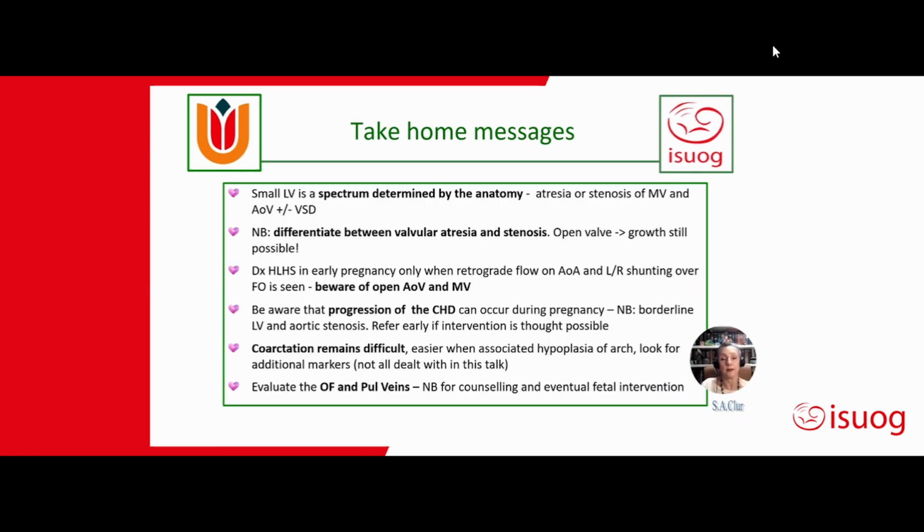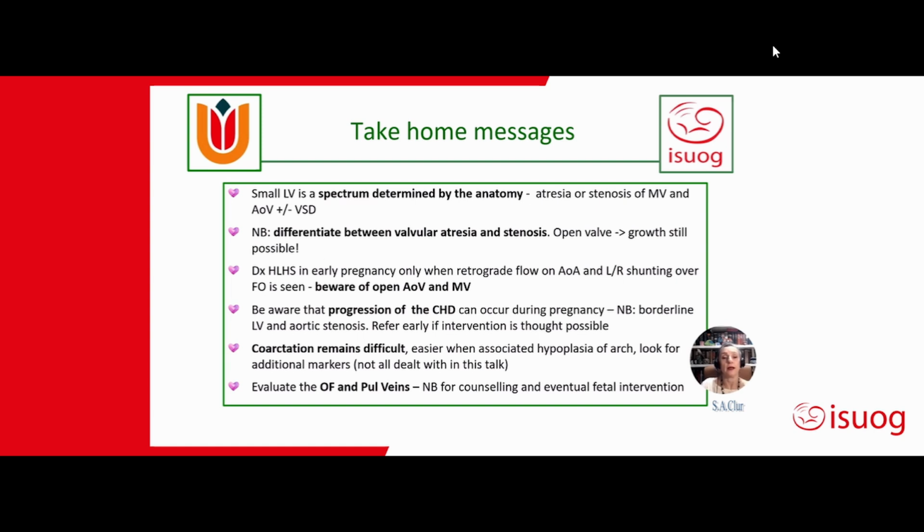My take-home messages from this talk are that a small left ventricle is a spectrum determined by the anatomy of the mitral and the aortic valves and the presence or absence of a ventricular septal defect. It is important to differentiate between valvular atresia and stenosis, especially in the young fetus, as an open valve means that there is still the potential for growth.